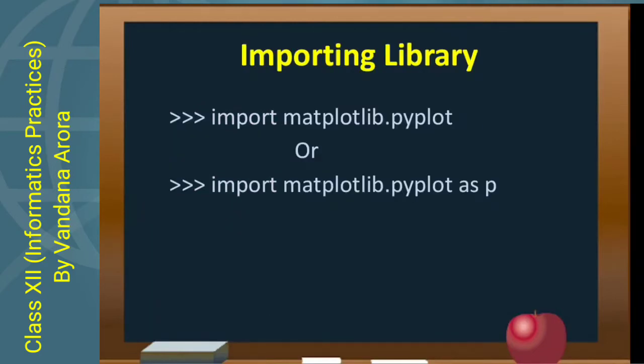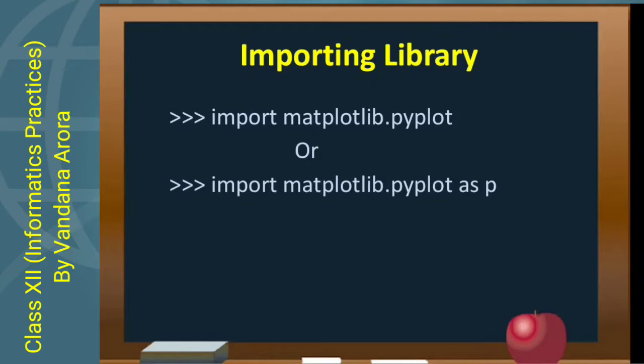For creating any chart in Python, we have to import the library, that is matplotlib and the pyplot module. So the syntax for importing the library is import matplotlib.pyplot, or we can write import matplotlib.pyplot as p. If we write as p, then it will become the alias for matplotlib.pyplot.